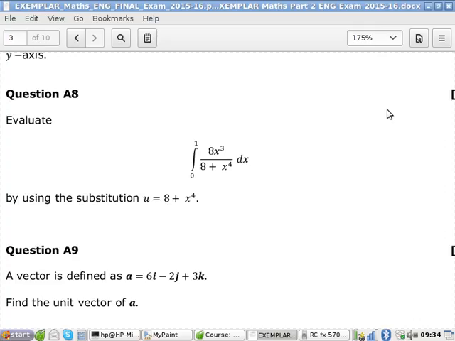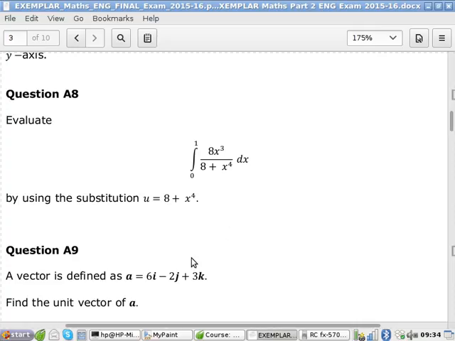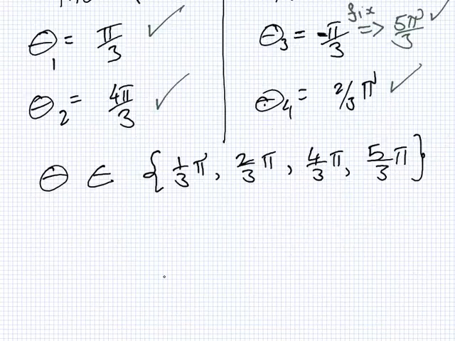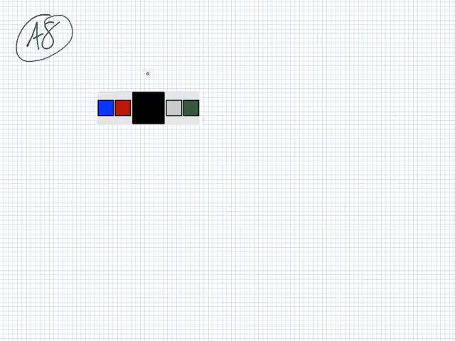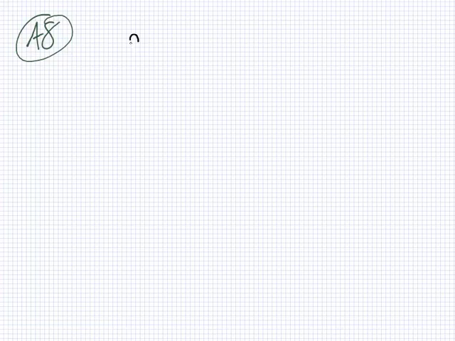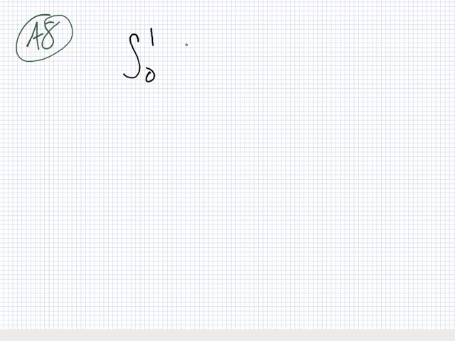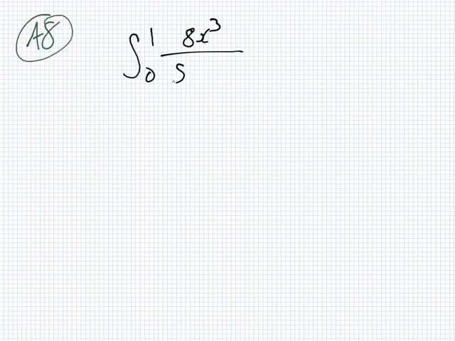Got an answer? Okay, let's have a look. Integrate from 0 to 1 8x cubed over 8 plus x to the 4 dx.